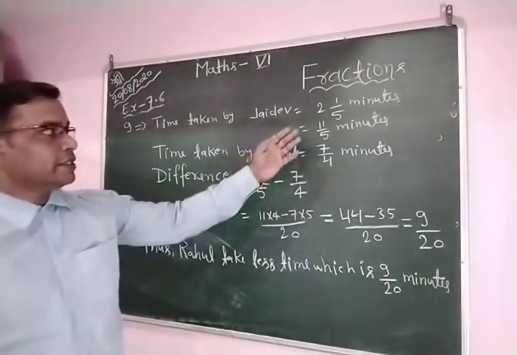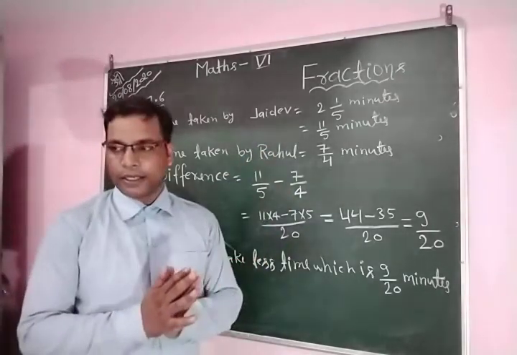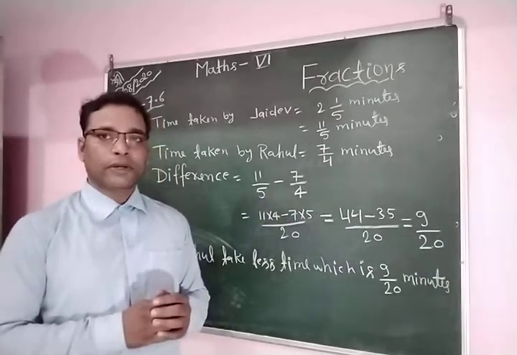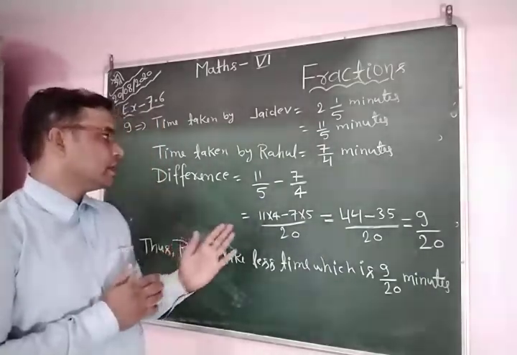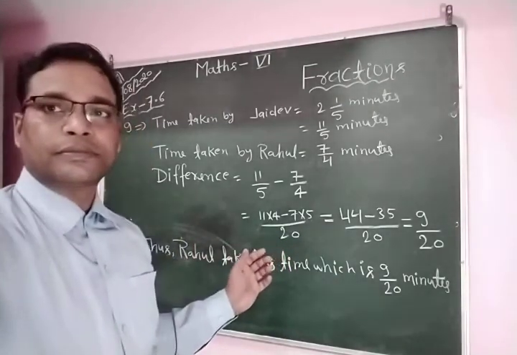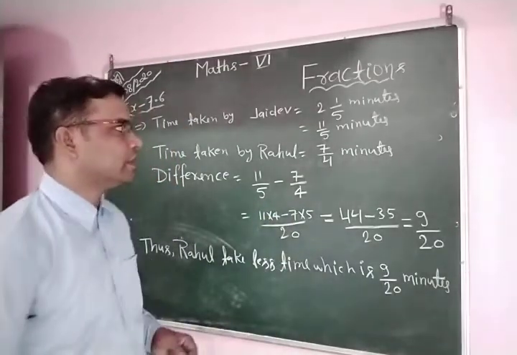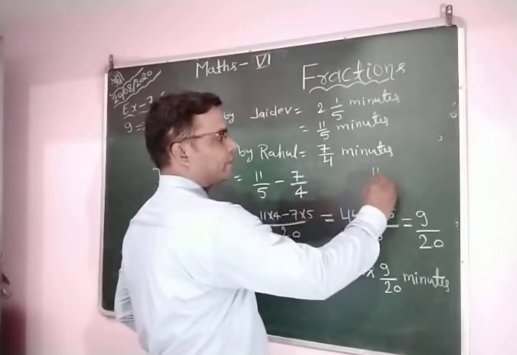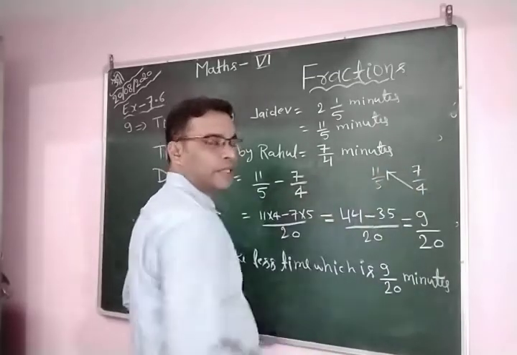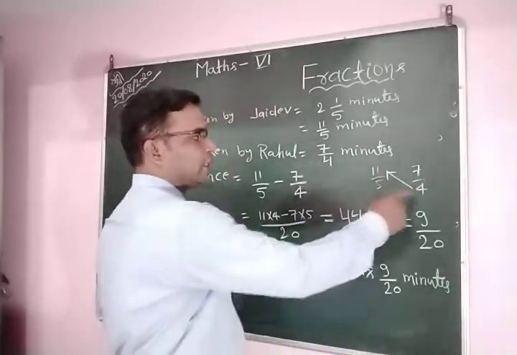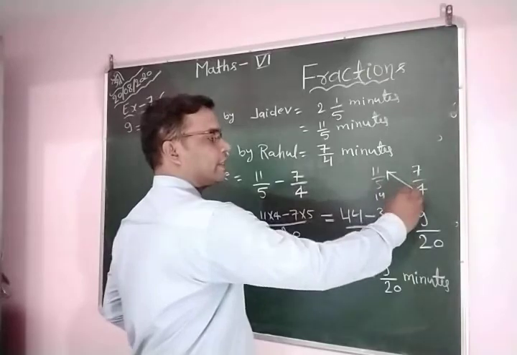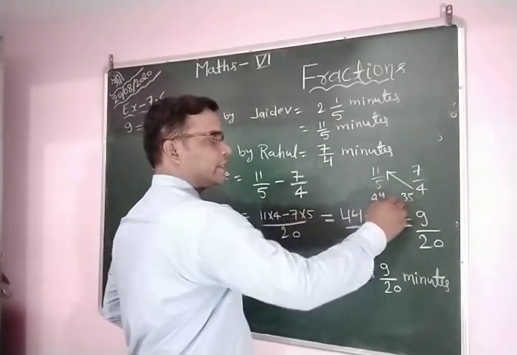You can see, if you compare 11 by 5 and 7 by 4, for this we use the cross multiplication method. 11 fours are 44 and 5 sevens are 35.